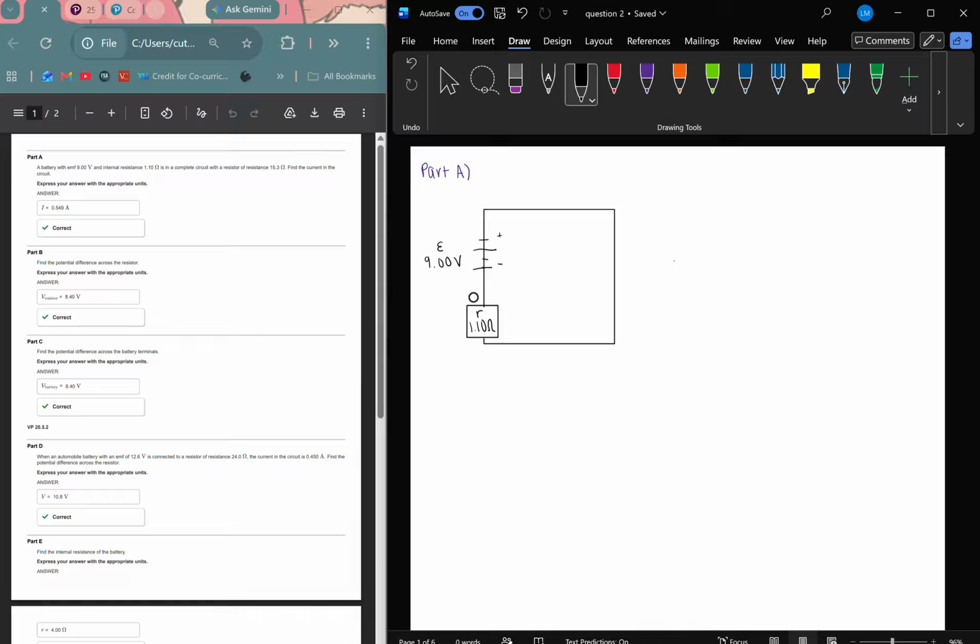So that's the big R, and I'm gonna put it here. So R is 15.3 ohms. And so we're trying to find the current in the circuit. So that's gonna be I.